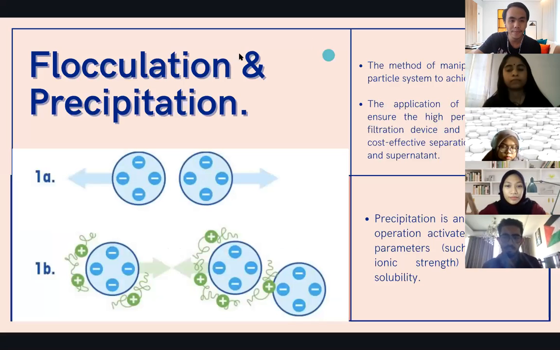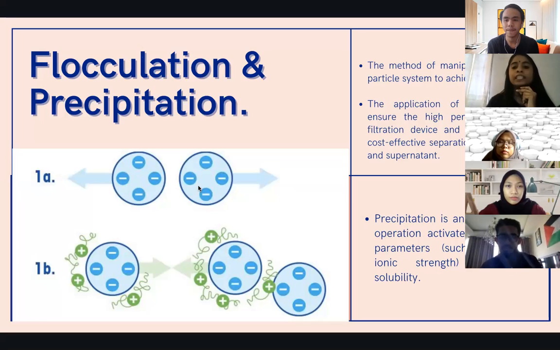Thank you, Stephen, for the wonderful explanation. Next, I will continue with flocculation and precipitation. These are methods of active particle system manipulation to achieve the goal of separation. Flocculation is generally applied as a preparation before filtration or centrifugation. Applying flocculation ensures a high flux over filtration units as well as efficient and cost-effective separation of cell material from supernatant.